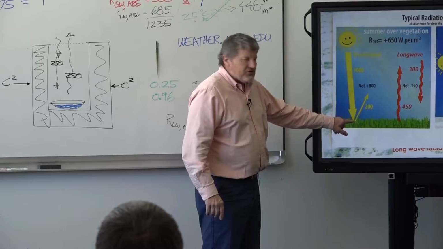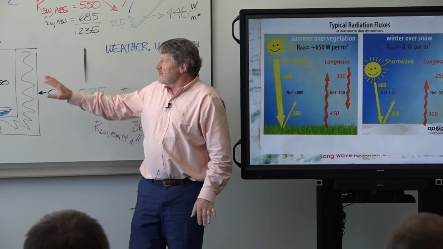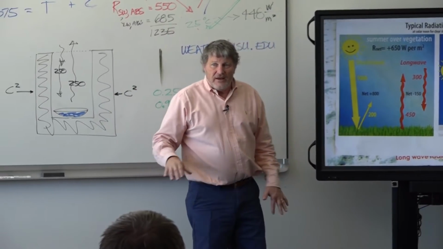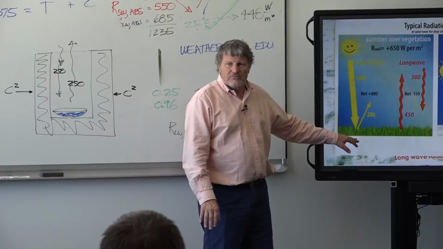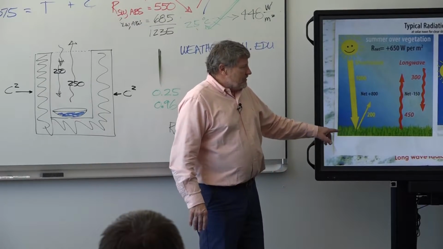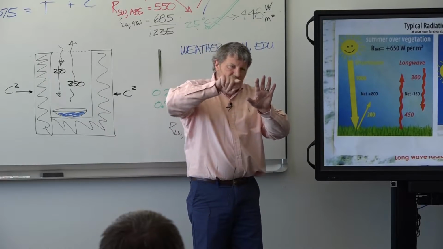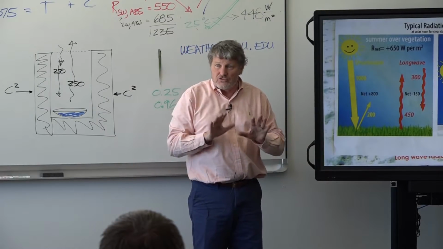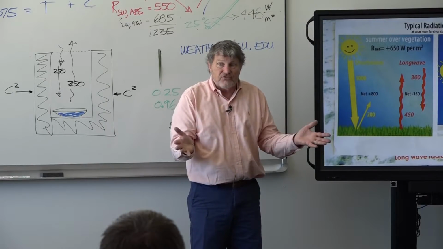The first thing that happens is multiple tilted leaves don't reflect quite as much. And as we just said, the transmission to the ground is much less. But it doesn't affect it as much as you might think, because you still have reflected shortwave, and the longwave is just from the surfaces.